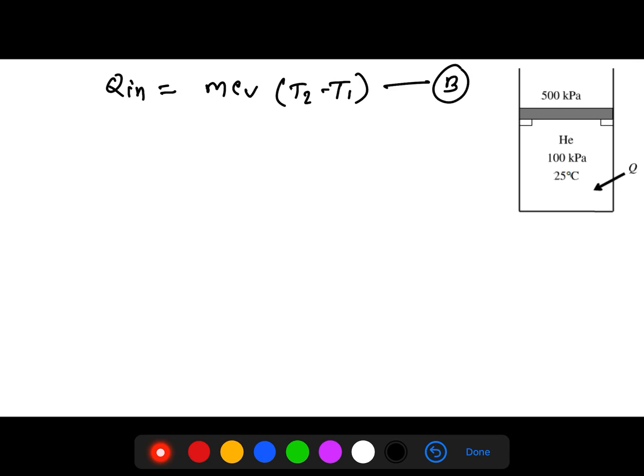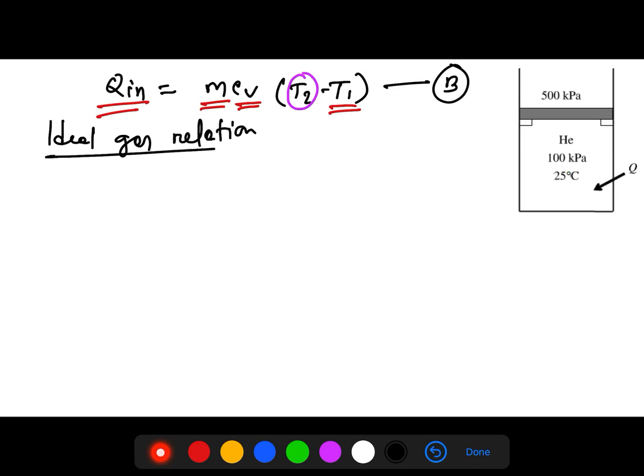So we need to calculate this. We know mass, we know CV, we know T1. The only thing we don't know is T2. So now we can use the ideal gas relation to calculate this final temperature. From the ideal gas relation, we know P1 V1 over T1, right, this way.